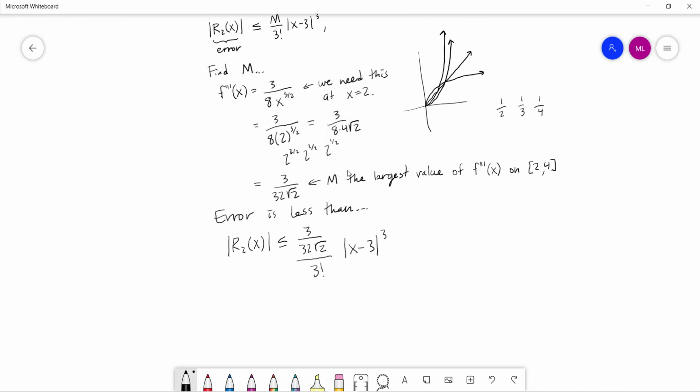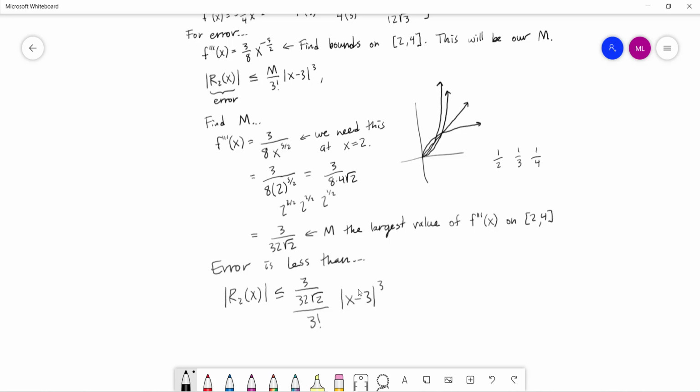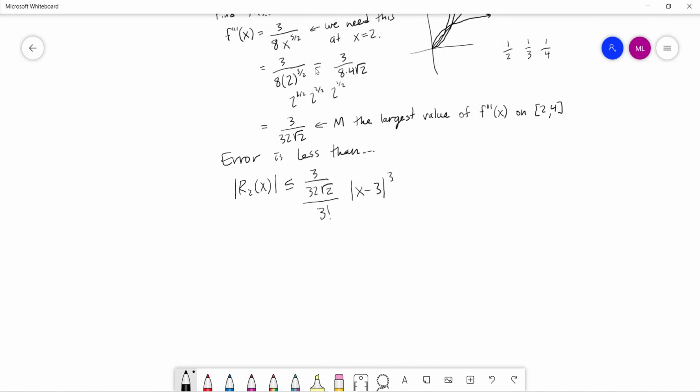What is the largest value that this piece can obtain over this interval? So that's going to occur at either of the two endpoints. We would get basically a value of 1 here when you get a distance of 1, which we're then cubing. And so this is at most 1 on the interval from 2 to 4.